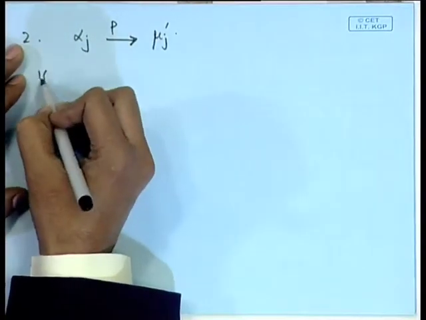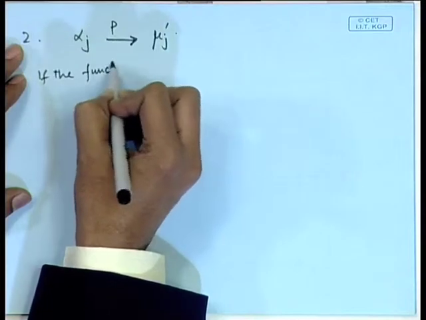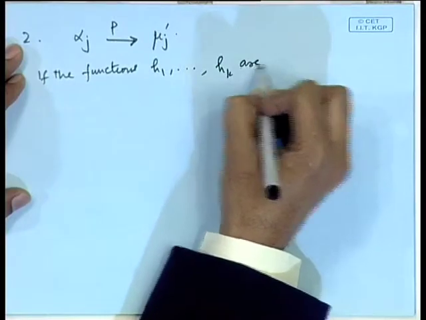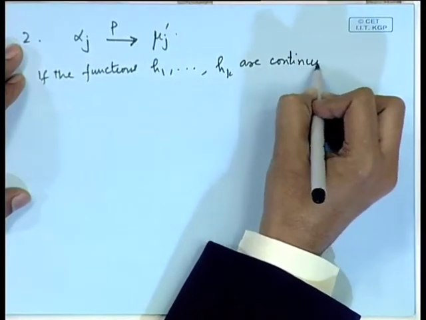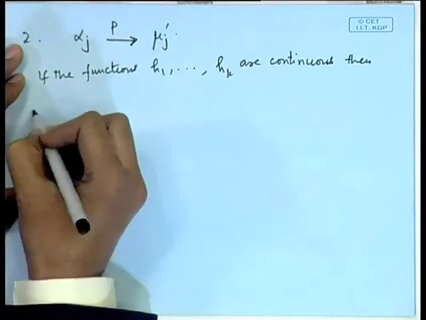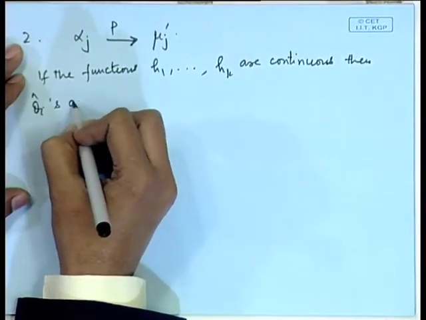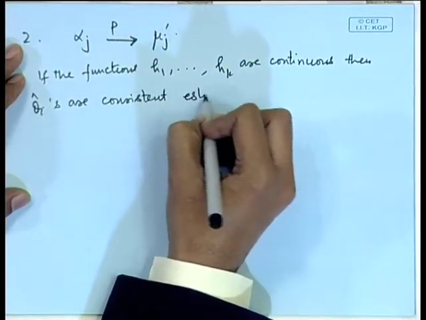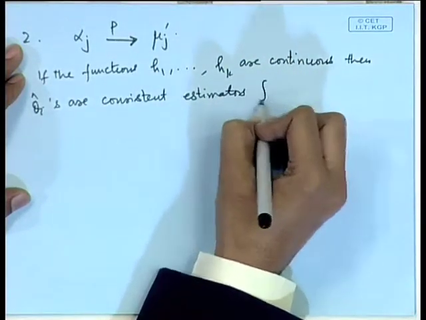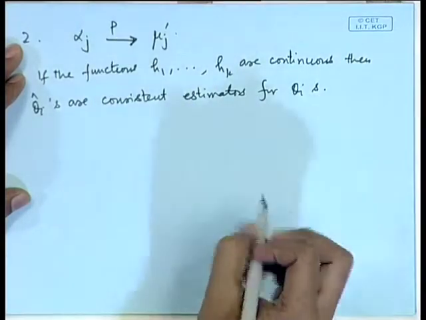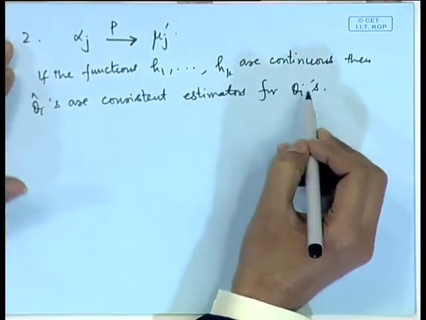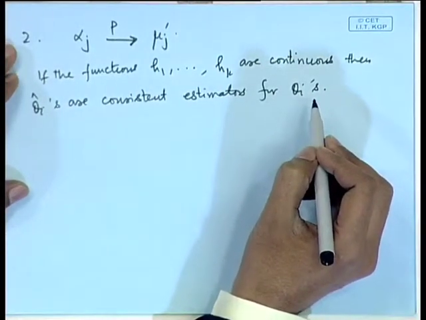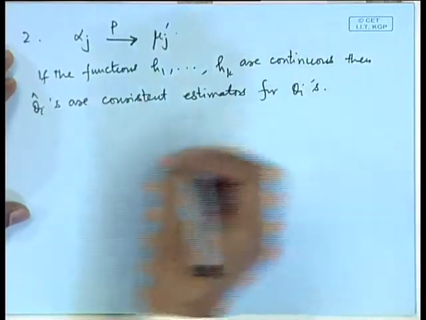So, if the functions h 1, h 2, ..., h k are continuous, then theta i hats are consistent estimators for theta i's. So, consistency may be true, and in most of the practical cases this may actually happen. However, unbiasedness is not guaranteed.